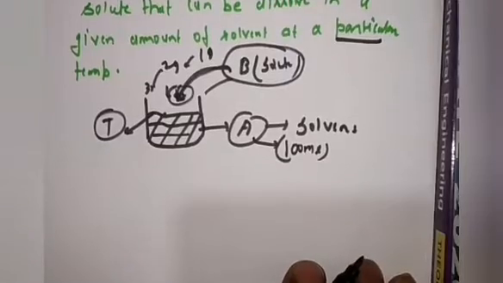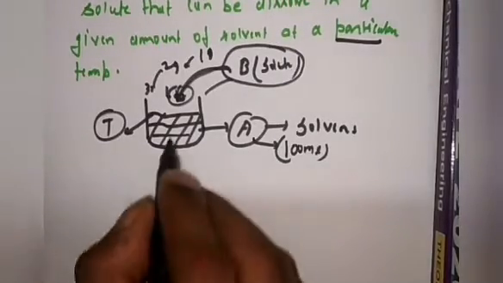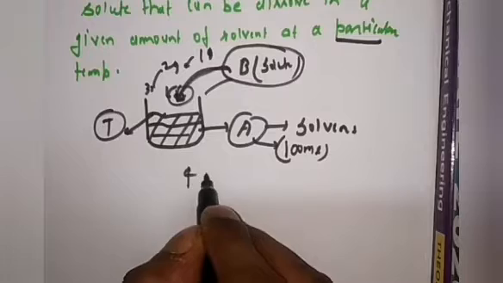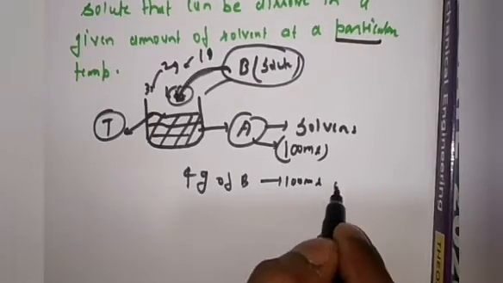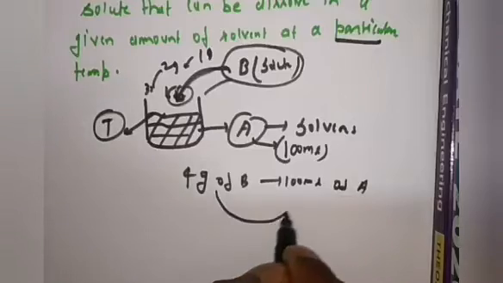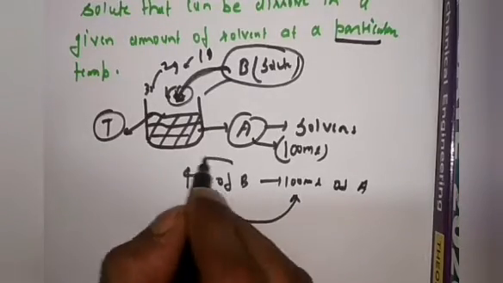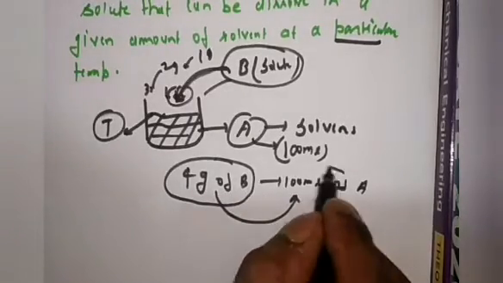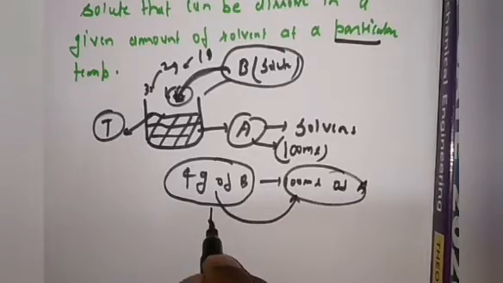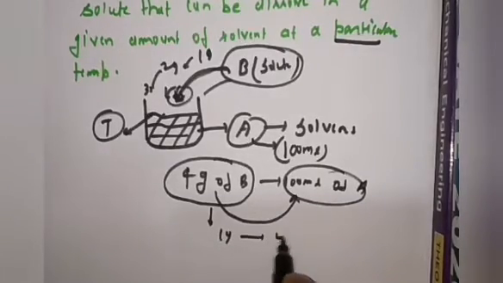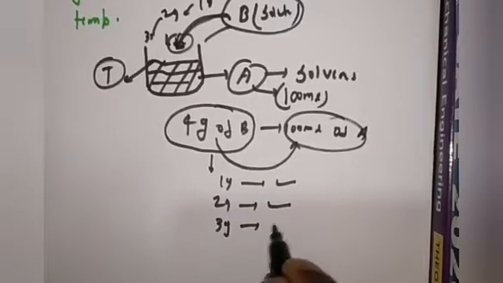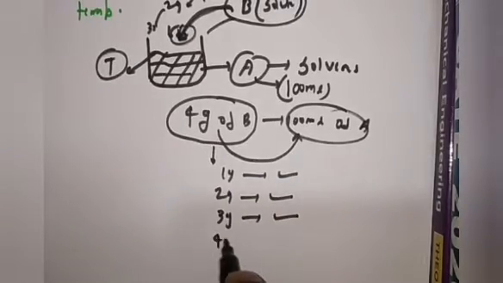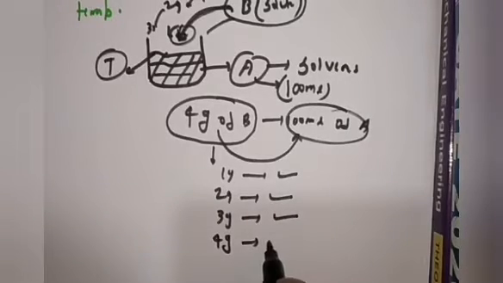After addition of 1 gram it will dissolve, after 2 gram it will dissolve, after 3 gram it will dissolve. Now when you add 4 gram of solute, what will happen?